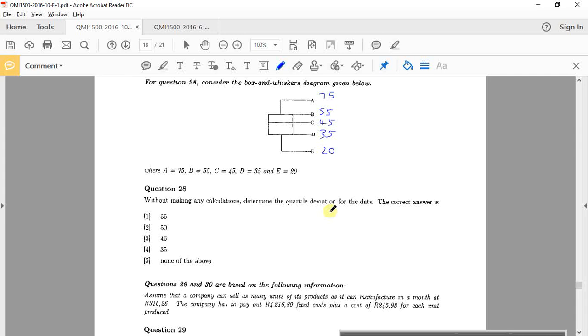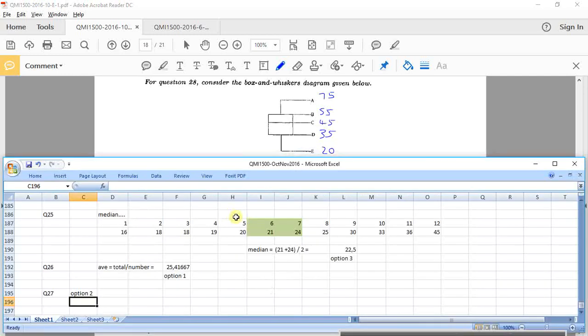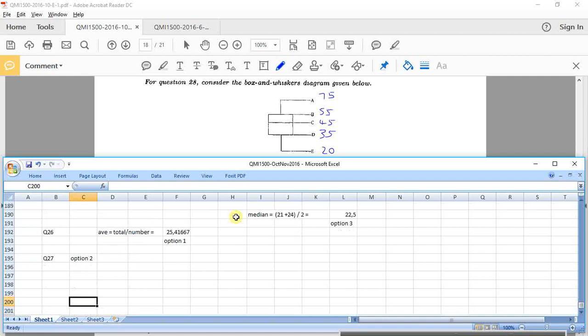Okay, there it is. So in the textbook, quartile deviation, this is page 84, yes. So QD equals Q3 minus Q1, close brackets, divided by 2.